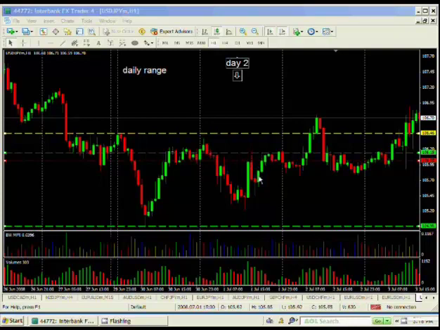And even here, when we come back up and we do close above yesterday's close, we do so on a weak bar. We have lower volume on this bar, and our MFI indicates there's very little interest in the market at the moment. So once again, just pointing that out, just to affirm once again that the daily range does act as support and resistance.